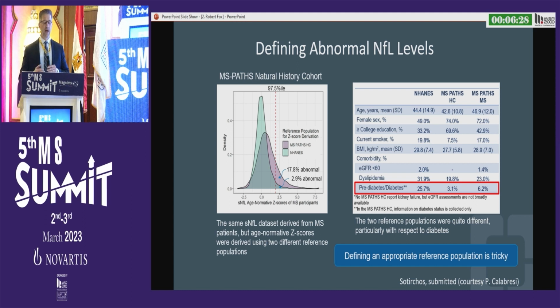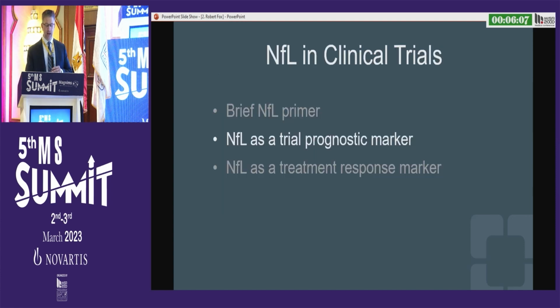Well, it turns out diabetes and prediabetes was much more common in the one group, and diabetes does increase neurofilament. We also know that increased age will increase neurofilament, and body size will alter neurofilament, and so does kidney function. So it turns out there's a lot of nuances when it comes to NFL to understand it. So it's not just a single value, abnormal or not.